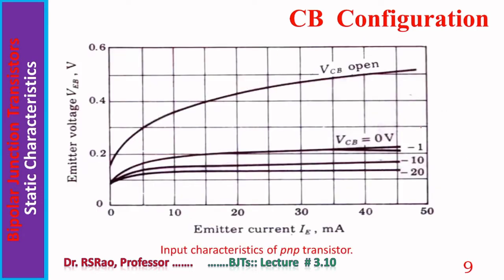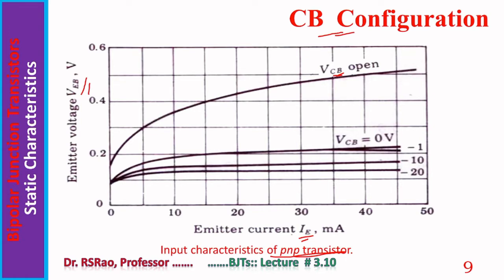Here are shown input characteristics of PNP transistor, CB configuration. Horizontal axis represents emitter current, vertical axis represents emitter to base voltage. One can see several curves in this graph, each curve for a particular value of collector to base voltage.